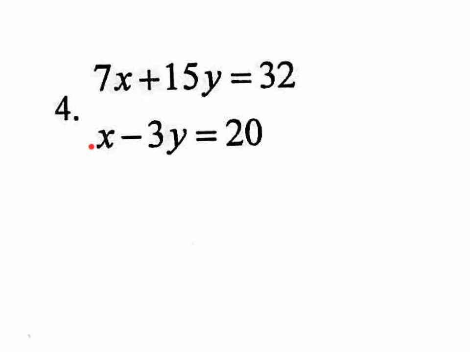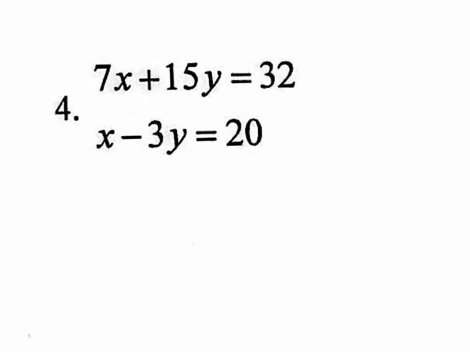Or you could make this regular x, change it to a negative 7x. That way it'll cancel with the positive 7x. So once again, your goal is to eliminate either the x's or the y's. And how are you going to do that? You're going to do that by modifying one or maybe both equations to get a variable to cancel.